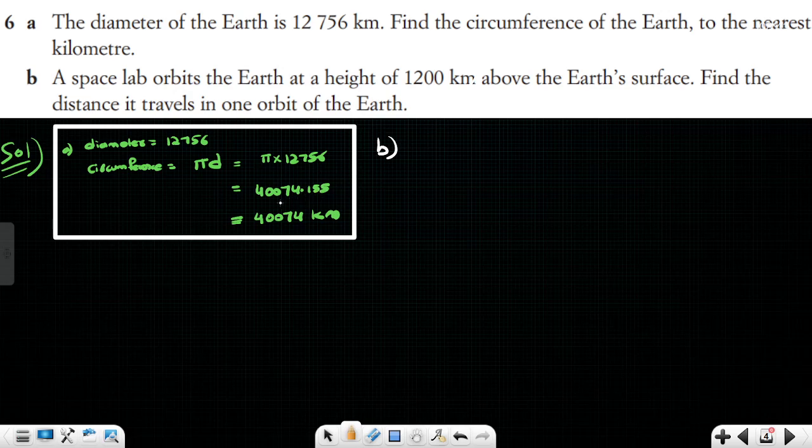Find the distance it travels in one orbit of the Earth. Simple. See, they're asking again circumference only. Above the height of 1200 above the Earth's surface.